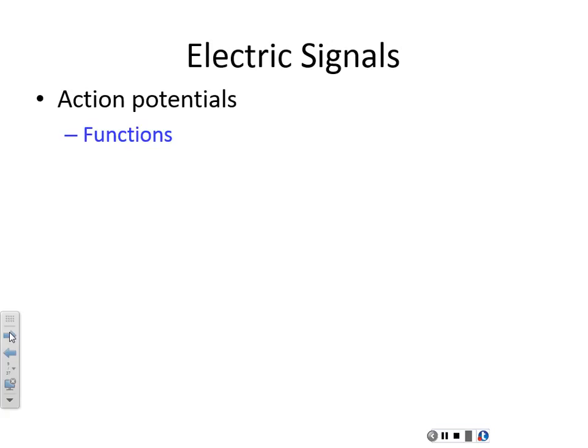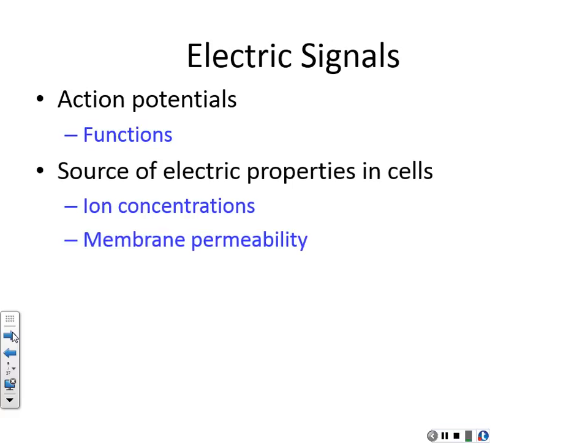spreads across the axon membrane, and it has to reach threshold first. So it sends impulses on axons, right? And that's how neurons communicate within themselves and also with other tissues like muscles and glands.